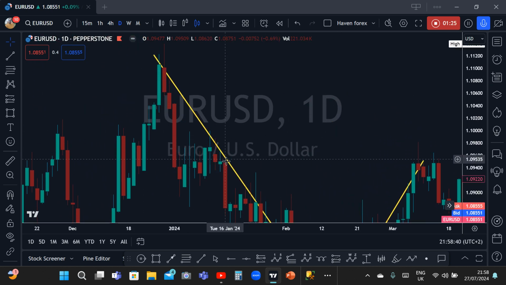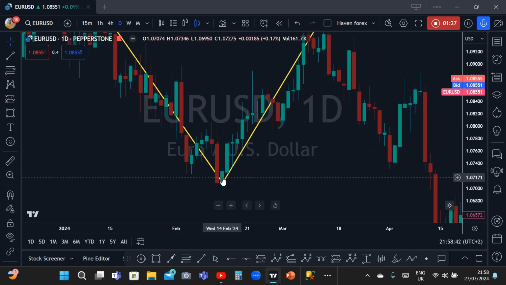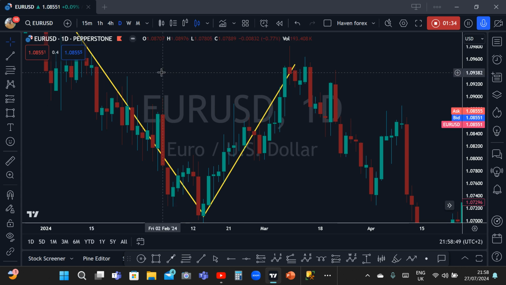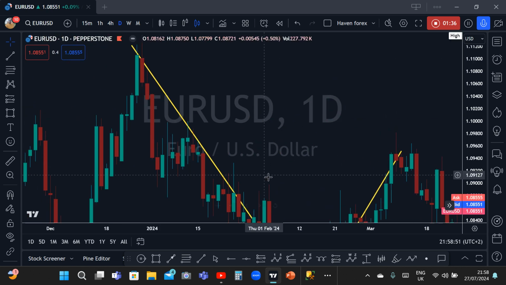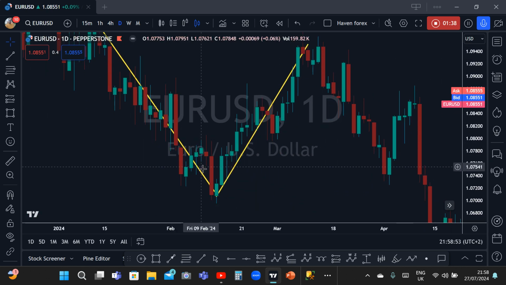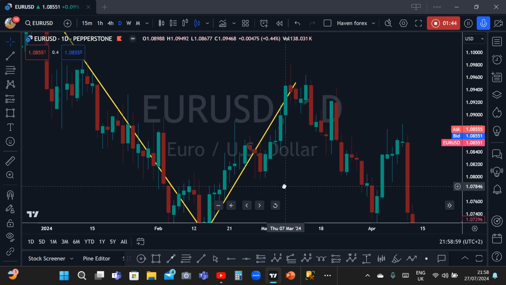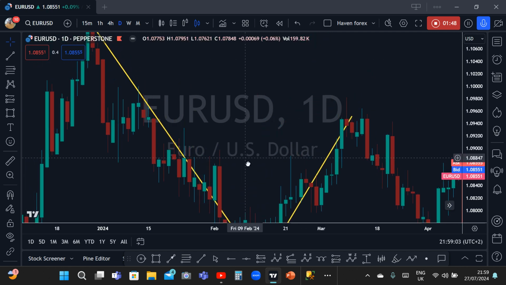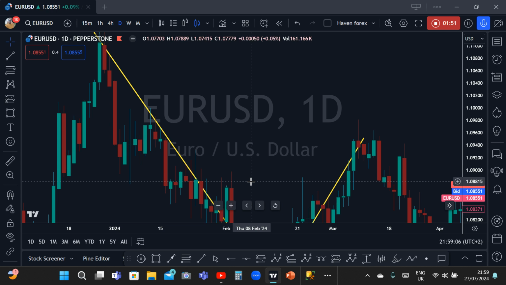This is a bearish leg, and this is the retracement of this bearish leg. This is the overall bearish trend from here to this point. Now, this is the correction or retracement of this bearish leg.